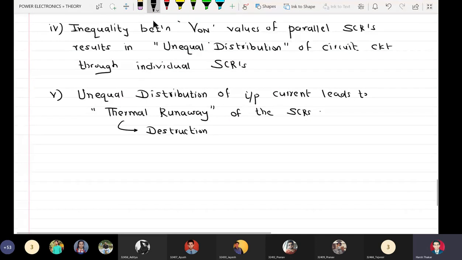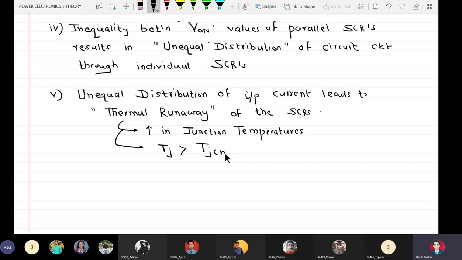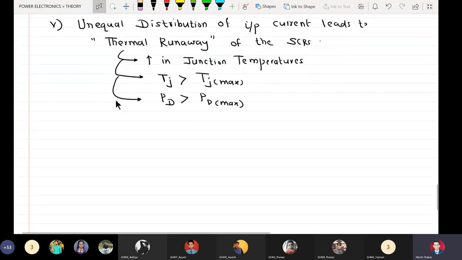So rather than writing this, we can say thermal runaway leads to an increase in the junction temperatures, and this leads to the junction temperature Tj exceeding what is called Tj max, and this basically leads to the power dissipation across the device exceeding the maximum power dissipation limit, and ultimately it leads to destruction of the device. Okay, so it's like this.